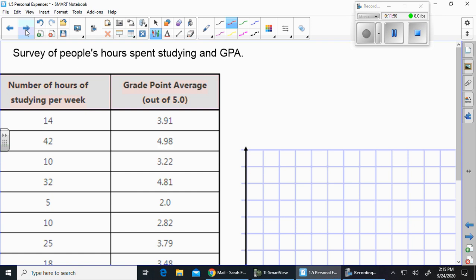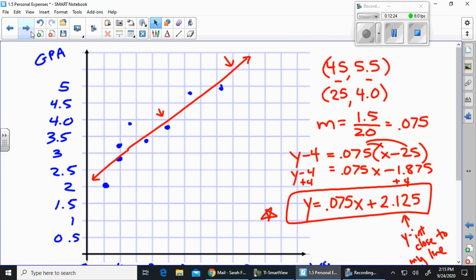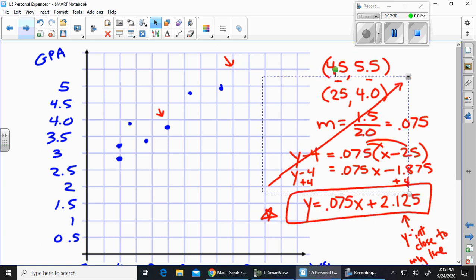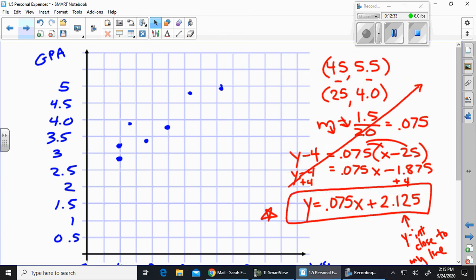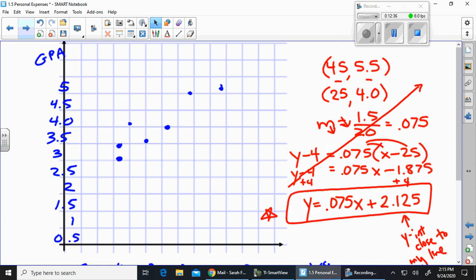So what I have, and I actually did it, and I'll erase on the next slide, but we looked at hours spent studying and GPA. So you would think that the more you study, the higher your GPA should be. It should be positive. Okay, so first thing, I'm going to erase just the line, not the grid though.